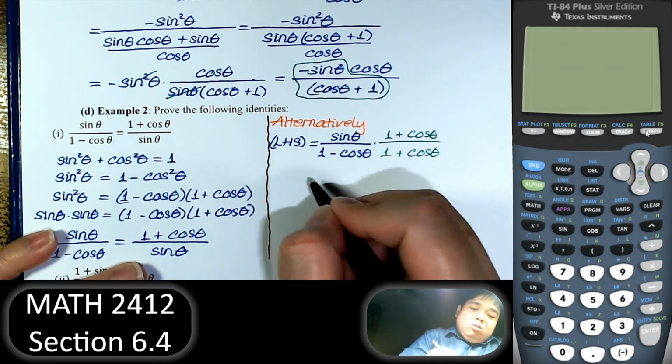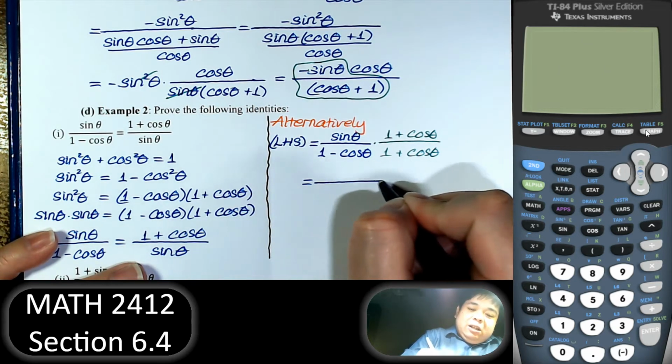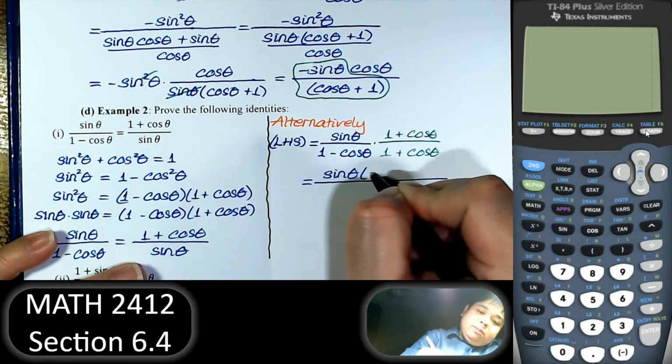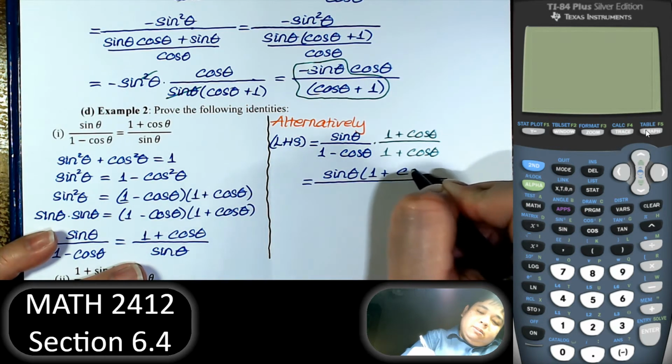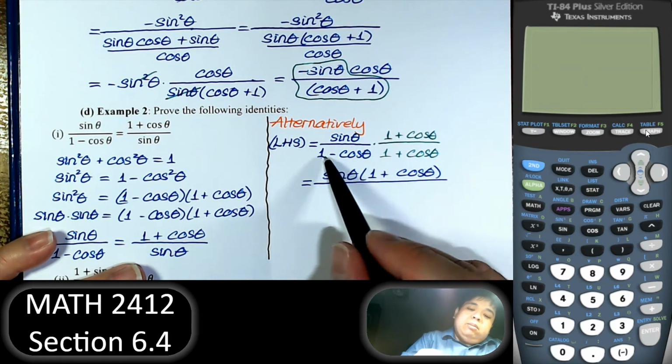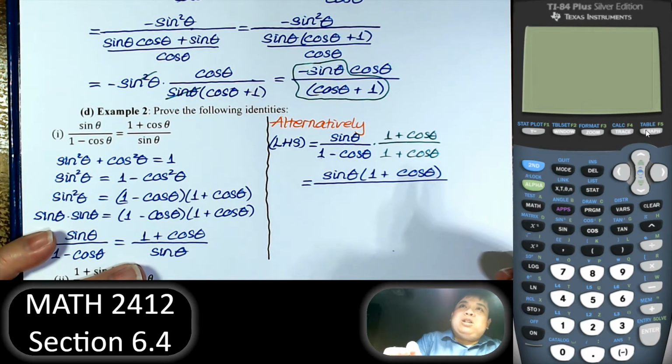Right, now multiply it out. I'll just multiply the top, and then at the bottom 1 minus cosine times 1 plus cosine.